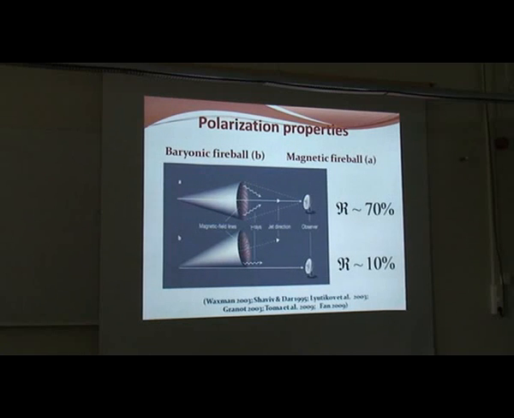So I do not agree that future measurement of tens of percent of polarization would say you have to be Poynting flux dominated. Yeah, but anyhow, it needs an ordered magnetic field. Okay, but saying that necessarily a fireball would lead to a perfectly tangled magnetic field, we don't know that.